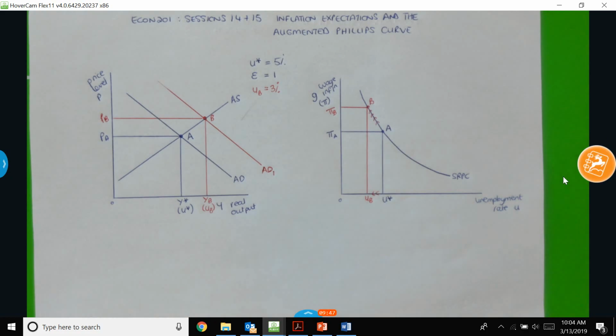What is the inflation rate at point B? For now, we're going to assume that we are not dealing with inflationary expectations. I'm going to use the inflationary expectations Phillips curve equation, but for now, assume that inflationary expectations are 0. And then we'll see how that changes when we recognize the role of inflationary expectations.